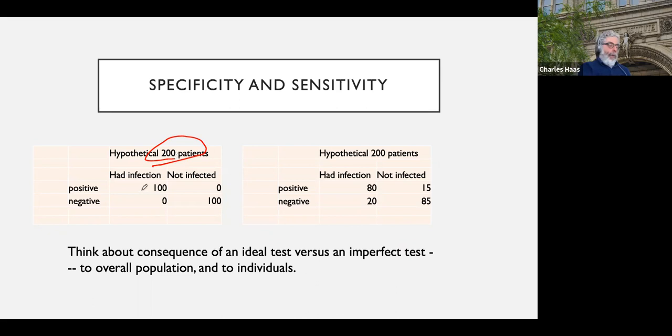Ideally, we'd like all those who were infected to test positive on the antibody test, or if we were using the qPCR test on the swab test, and all the 100 who were not infected to be negative.